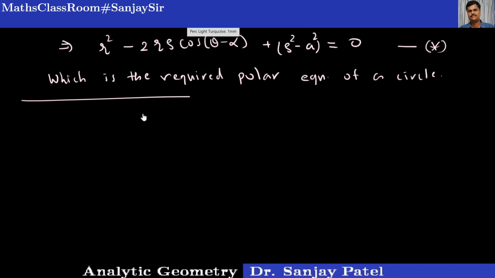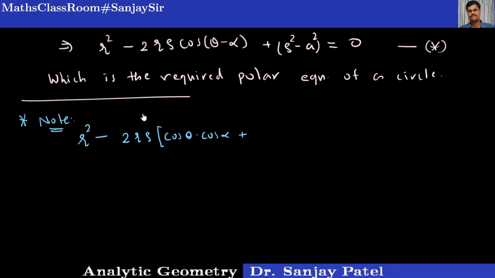Say, if I simplify this, let me write as a note, it is not a part of this result. If I simplify this equation, what I will get is r square minus 2r rho into cos theta into cos alpha, just using the cos alpha minus beta formula, plus sin theta into sin alpha, plus rho square minus a square equal to 0.